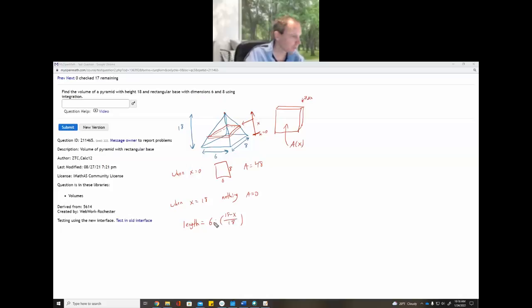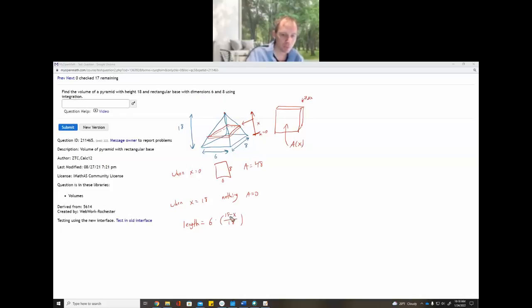So I'm multiplying my length by 1, and I'm good. When x is 18, I'll get a 0, and so I get the nothing that I want. And it's scaling linearly, right? When x is, say, 9, I'll get 18 minus 9, which is 9, and then 9 over 18 gives me exactly half. So that's what I want.